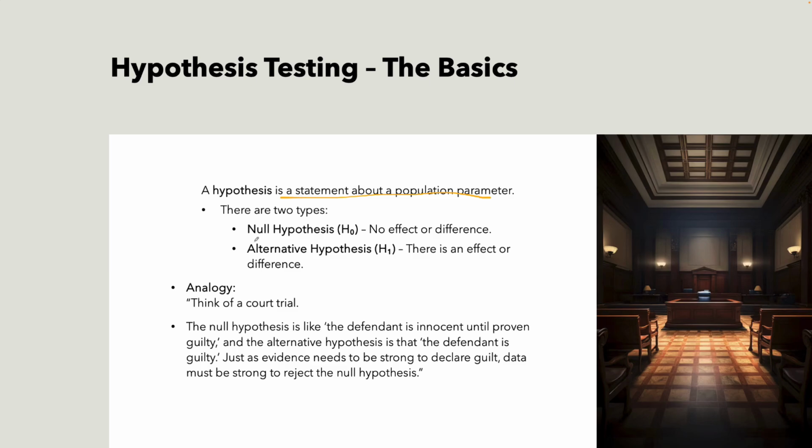And then we also have a null hypothesis and an alternative hypothesis. A null hypothesis means that there is no effect and there is no difference. An alternative hypothesis means that there is an effect or there is a difference.